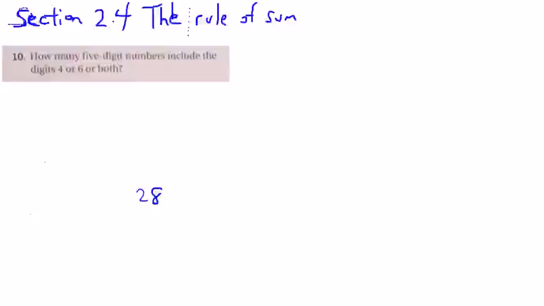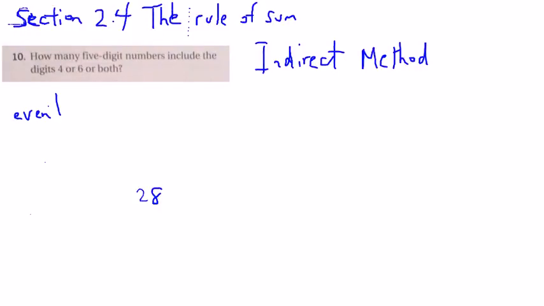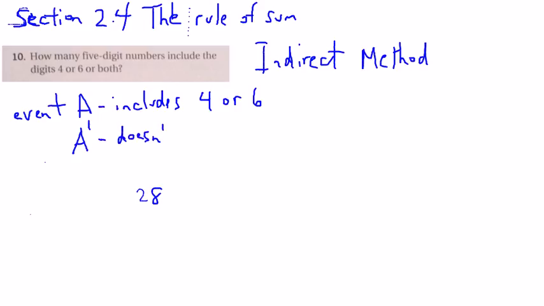But I think you're better off doing this using the indirect method, which is to say that if event A is that it includes a 4 or a 6, then that means that A prime doesn't include a 4 or a 6.